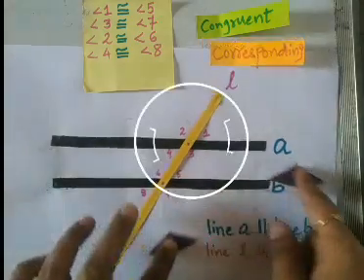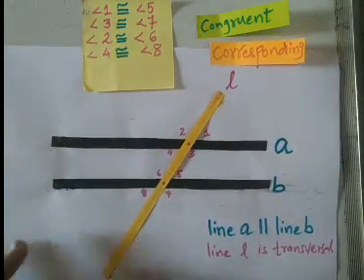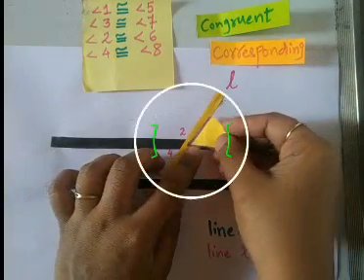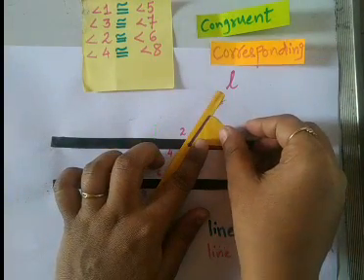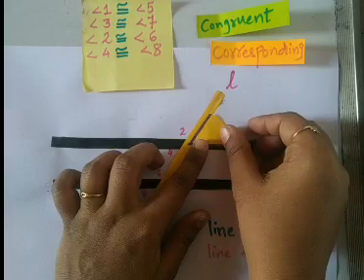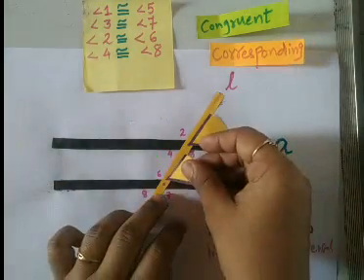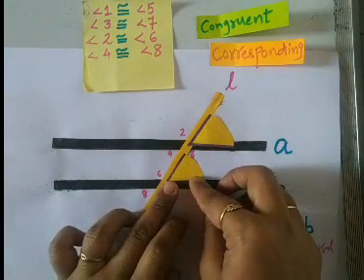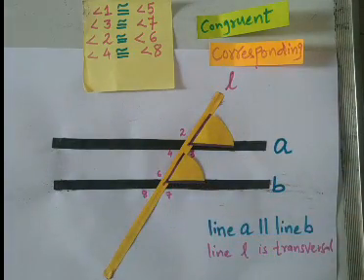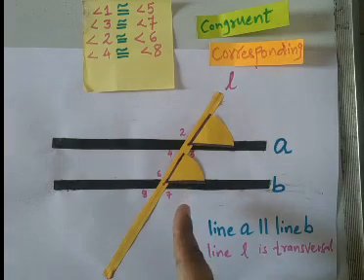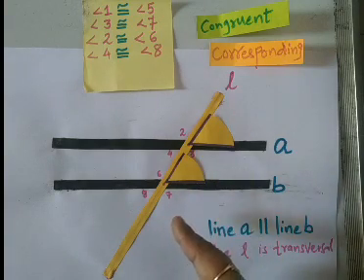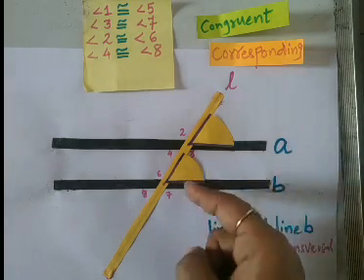You can measure it by yourself also. This angle which I have cut down is of 60 degrees, or you can use the protractor also to measure it. Okay, and this angle which I have cut is also of 60 degrees. So 1 and 5 are corresponding, they are congruent, they are both of 60 degrees.